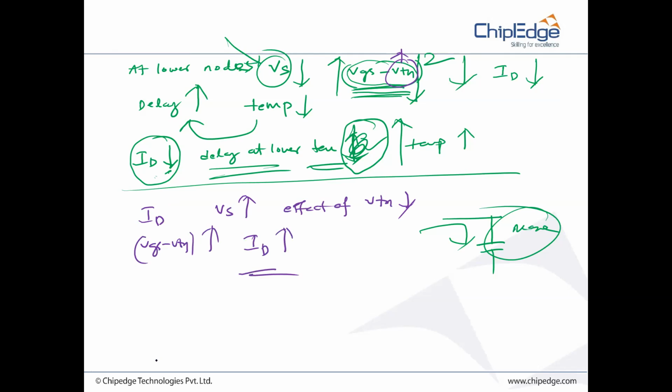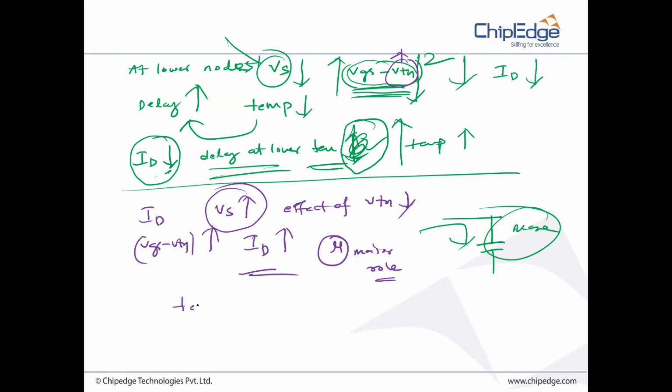See, at higher nodes, your mobility plays a major role. Please understand. So you are telling reverse: in higher nodes, ID will decrease. No, see, how does ID decrease? VS is more, but mobility will have more effect, and due to that temperature increases.